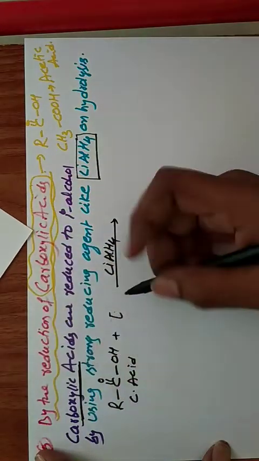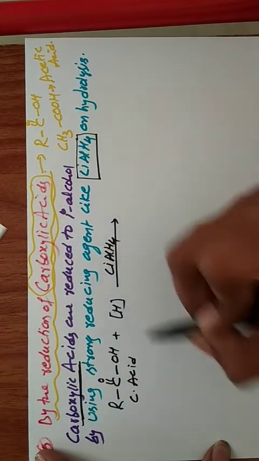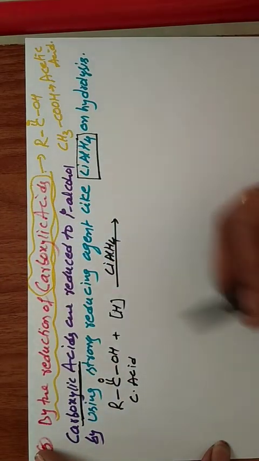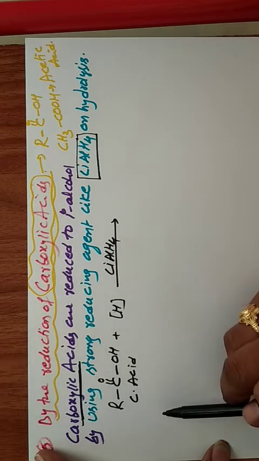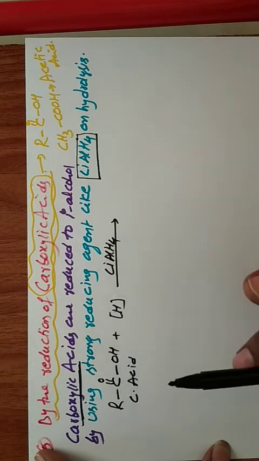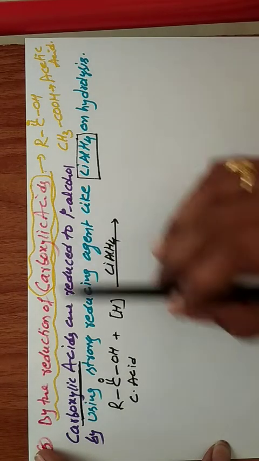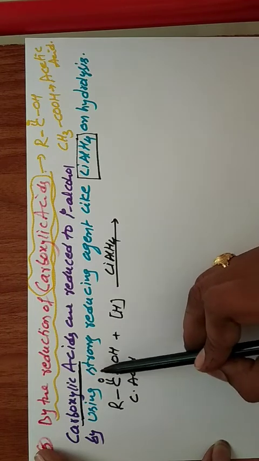In the case of aldehydes and ketones, you just remove the pi bond and add 2 hydrogen atoms. But in the case of carboxylic acid, we completely remove the oxygen atom. Removal of oxygen is also taken as reduction.